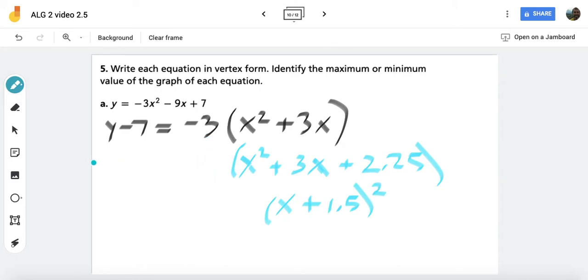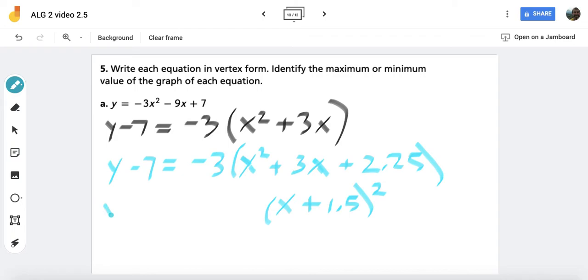Now, the rest of the equation was y minus 7 equals the negative 3. Now what we did is we just added this part here, so we need to take 2.25 times negative 3 and add it over to this side.